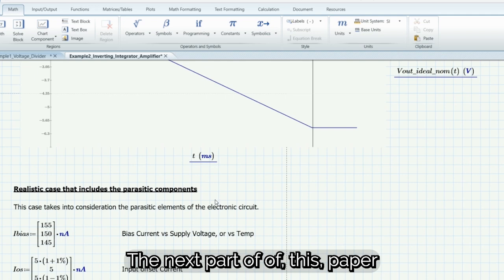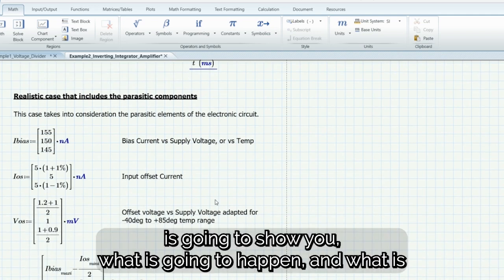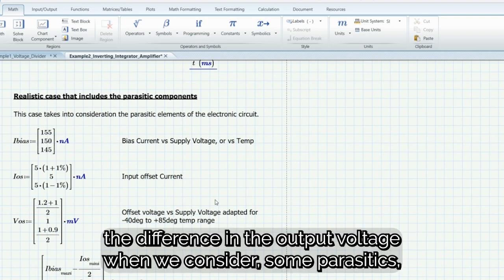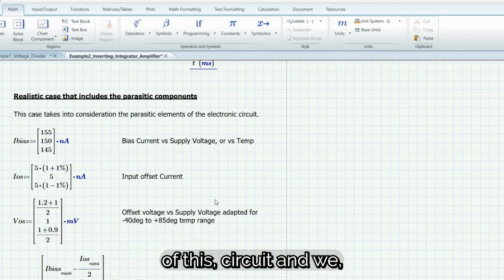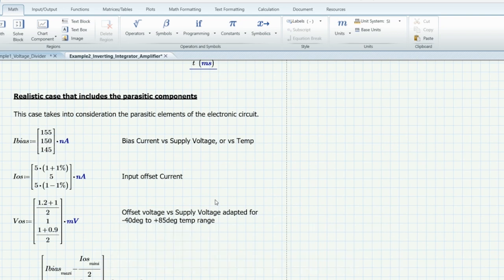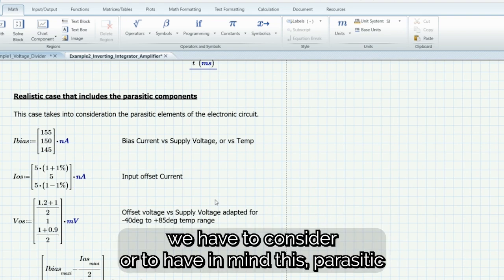The next part of this paper is going to show you what happens and what the difference in the output voltage is when we consider some parasitics of this circuit. We, as hardware engineers, when we analyze a circuit, have to consider or have in mind these parasitics.